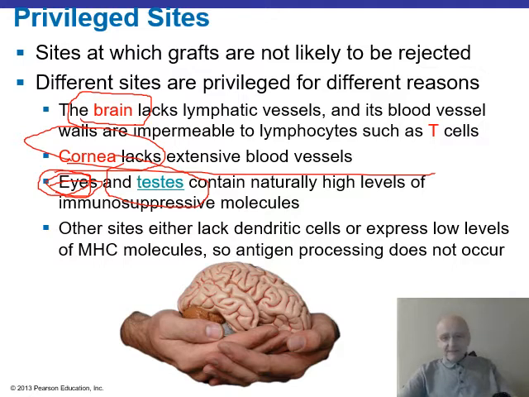But the same thing is true with testes. Because if you get a lot of inflammation there, if cytotoxic T cells start killing those cells, you drop out of the gene pool pretty quickly. You disappear. So you don't want immune systems that screw up your testes, so to speak.